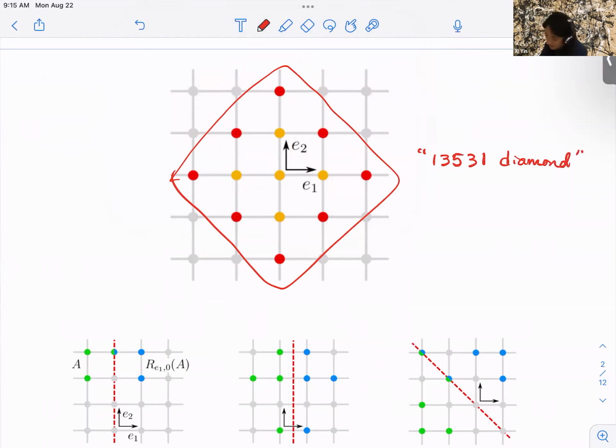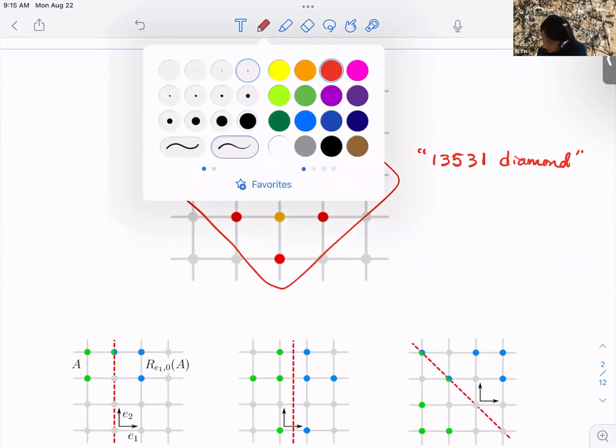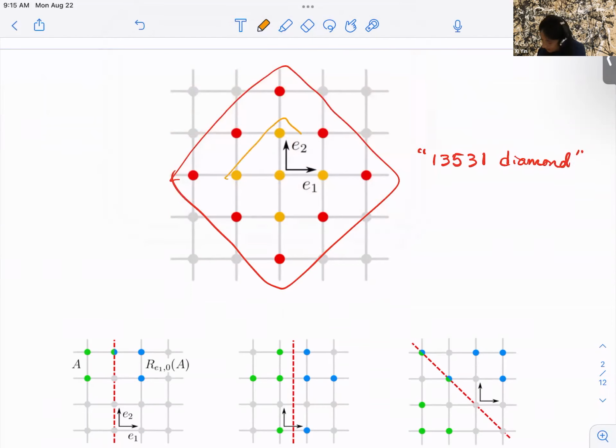It's a diamond shaped region. I'm counting the number of sites in each horizontal row. And this orange stuff here is a smaller domain, which we can also consider. We'll call this orange one the 131 diamond. And I'm going to later present results based on these spin flip identities as well as the positivity conditions for correlators restricted within these domains.